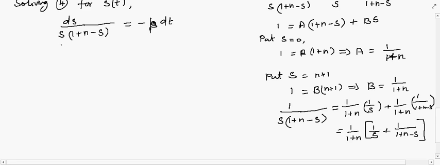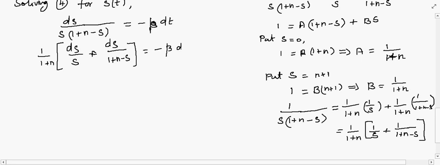So this left hand side can be written as 1 by 1 plus n into ds by s plus ds divided by 1 plus n minus s equal to minus beta dt.